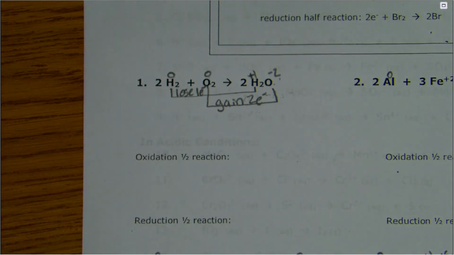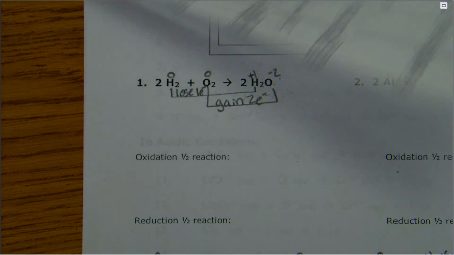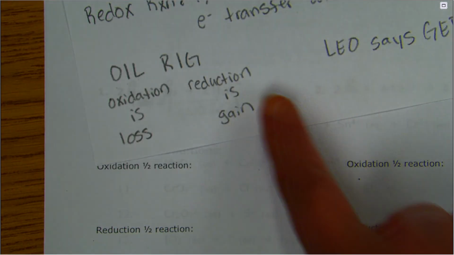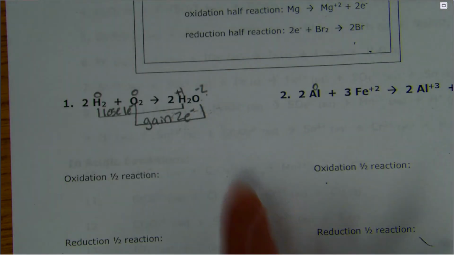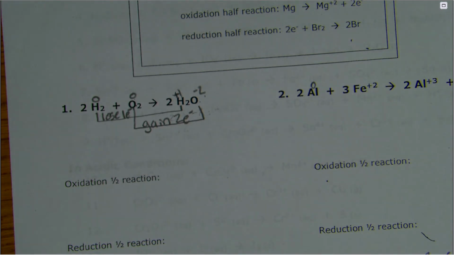So to write my half reactions for my redox reaction, my oxidation is going to be the hydrogen, and my reduction is going to be the oxygen, because the oxygen is gaining electrons, right? OIL RIG, where reduction is gain. And we have already determined here that oxygen is gaining electrons.